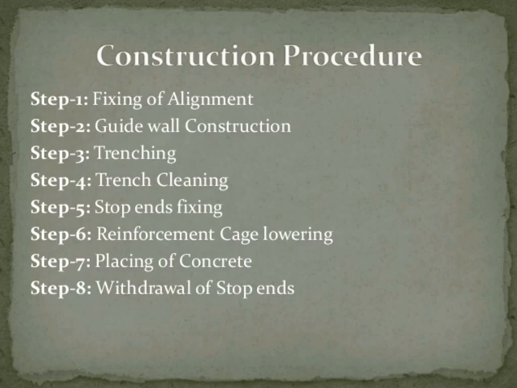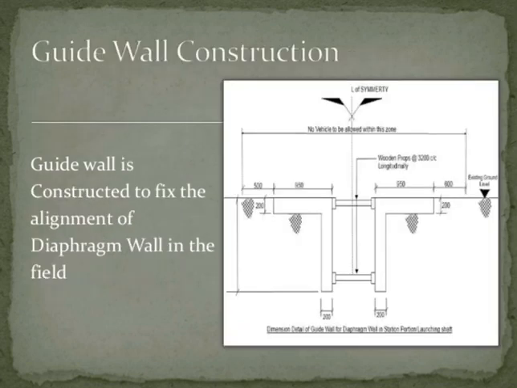Now the construction procedure of the diaphragm wall. It is divided into 8 steps. The first one is fixing of alignment, then guide wall construction, then trenching, then trench cleaning, then stop end fixing, then reinforcement cage lowering, then placing of concrete, then withdrawal of stop ends. So, guide wall construction.